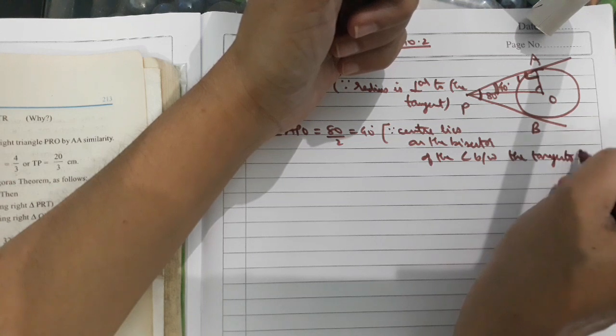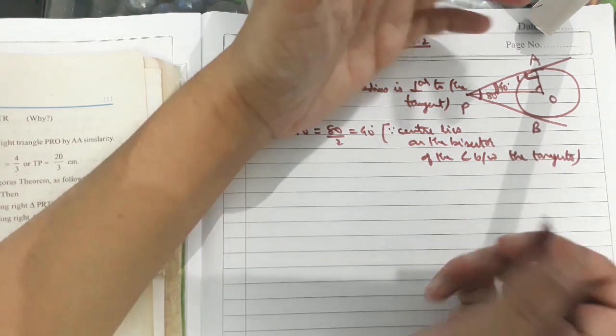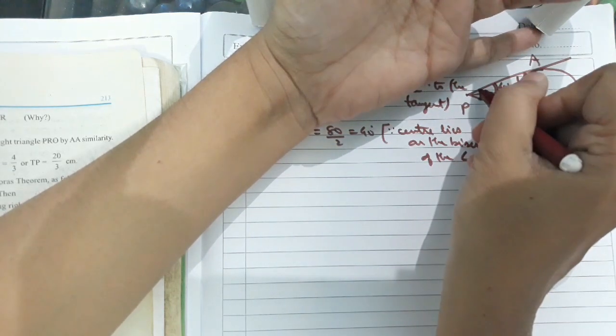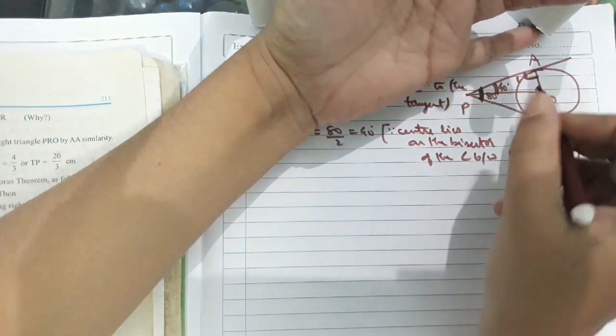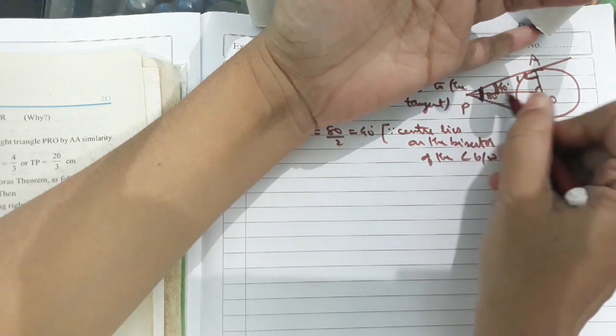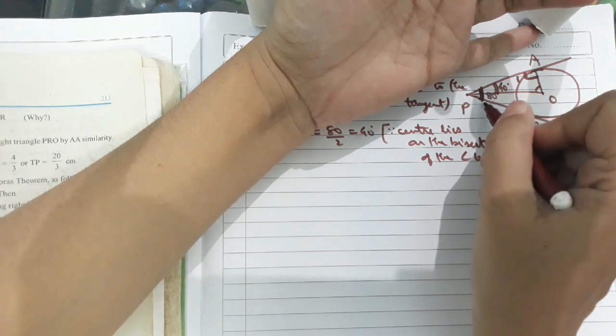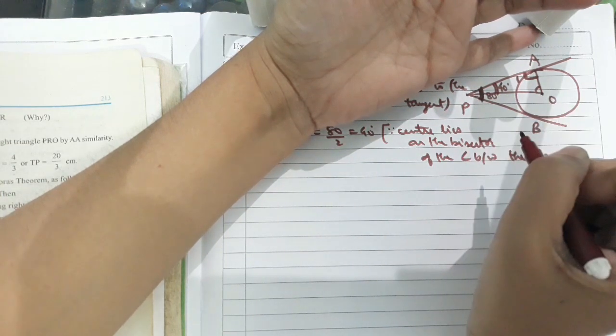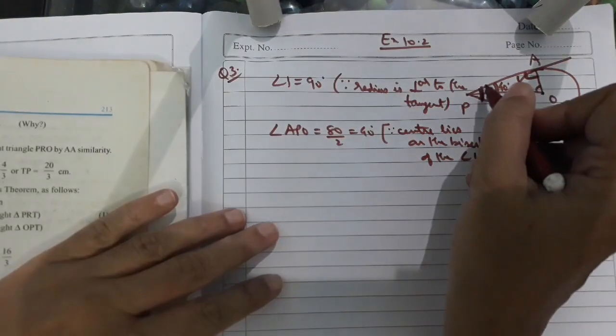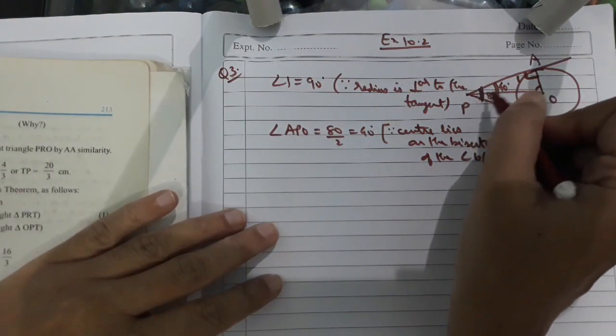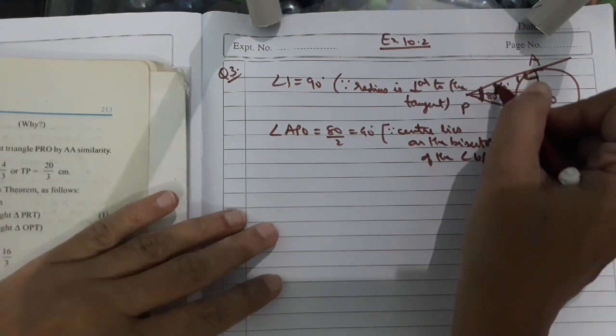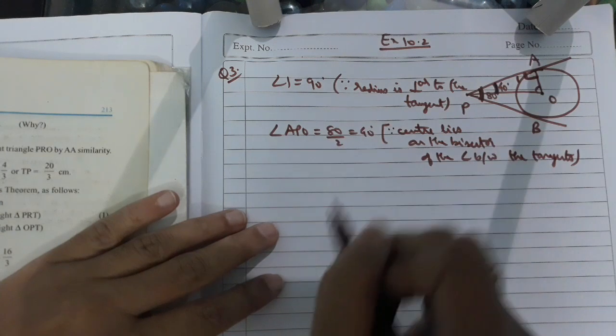This is the property given in NCERT. Let us see what we mean by this property. These are the two tangents, PA and PB, and this is the angle between the tangents. And OP is the bisector of the angle between the tangents, and the center lies over here. So according to this property, if this complete angle is 80 degrees, OP is the bisector, so therefore this angle would be 40 degrees.